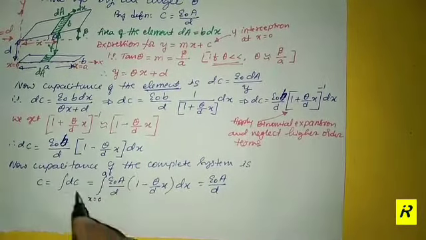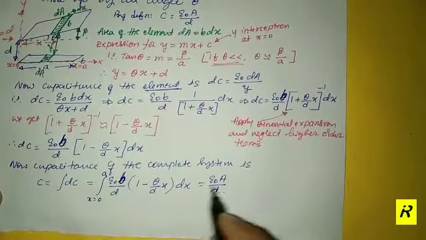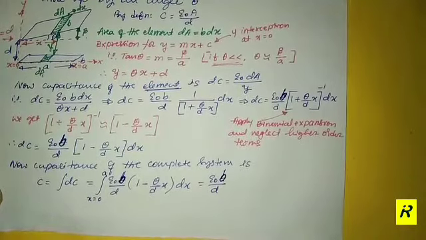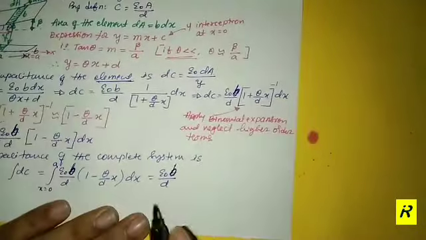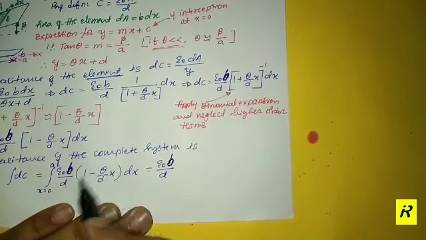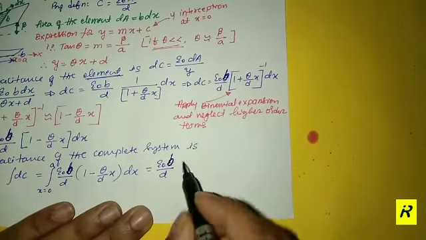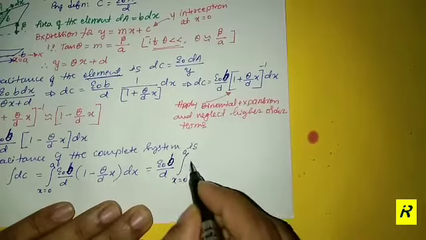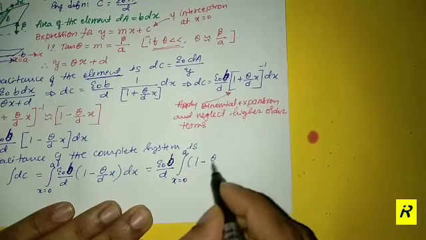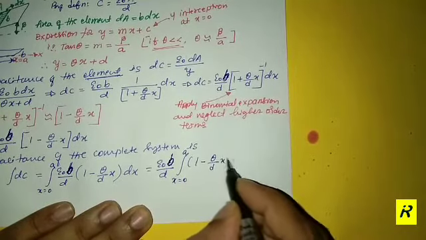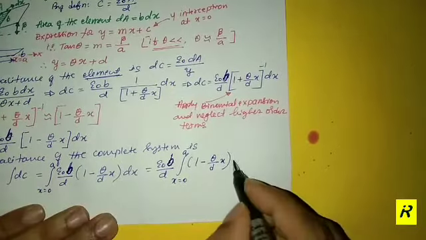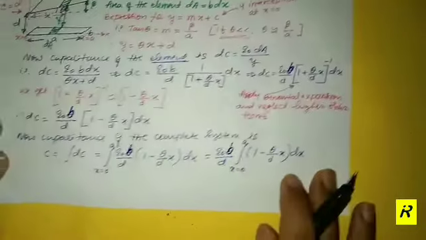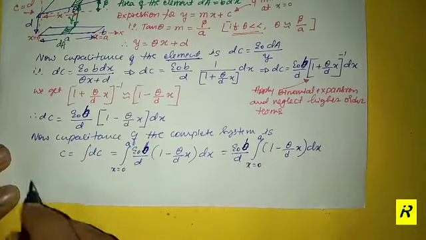I should make it clear, the term is b here. It is not a. It is b divided by d, and here I have to put the integral, x equals 0 to x equals a. The term left is 1 minus theta divided by d into x, into dx. And finally, I have to write the result of this.